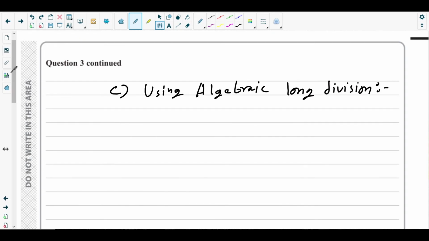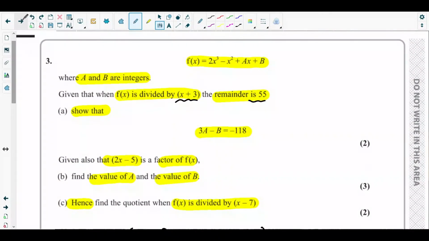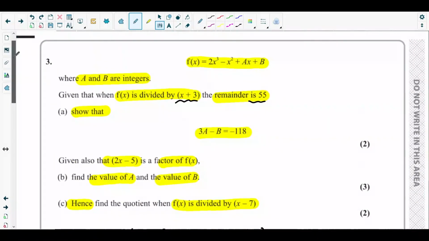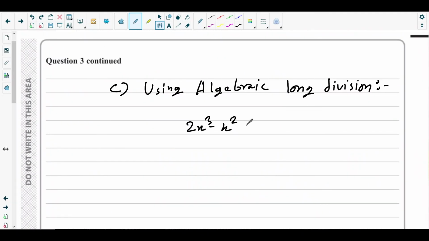The equation of f of x is 2x cubed negative x squared, negative 26x, and the value for b was 40. Yeah, this is the f of x. Okay, so we need to divide by x minus 7, isn't it?